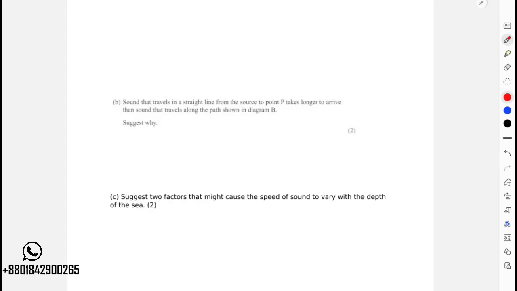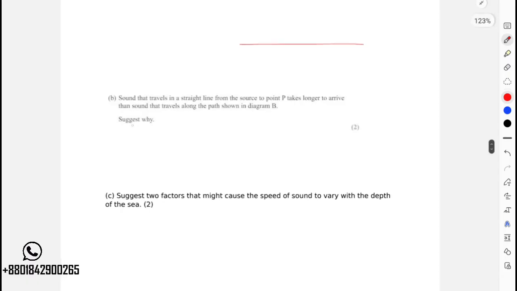But if they were traveling in a straight line from 900 to point P, they would be traveling a smaller distance with a smaller speed, so time will be much longer, right? So that is the only possible answer over here: the path in diagram B is a longer distance, but sound waves travel faster in reflection, so it can travel a larger distance within a short time with a higher speed. That is the final answer.